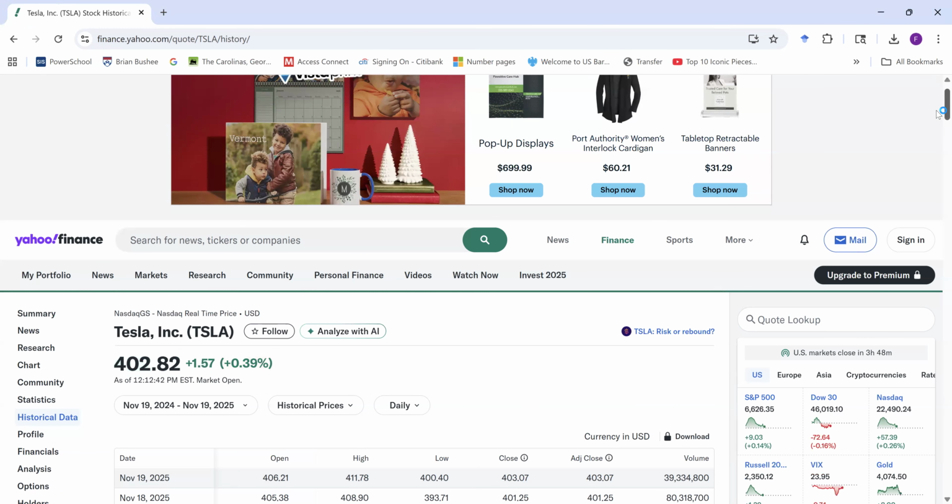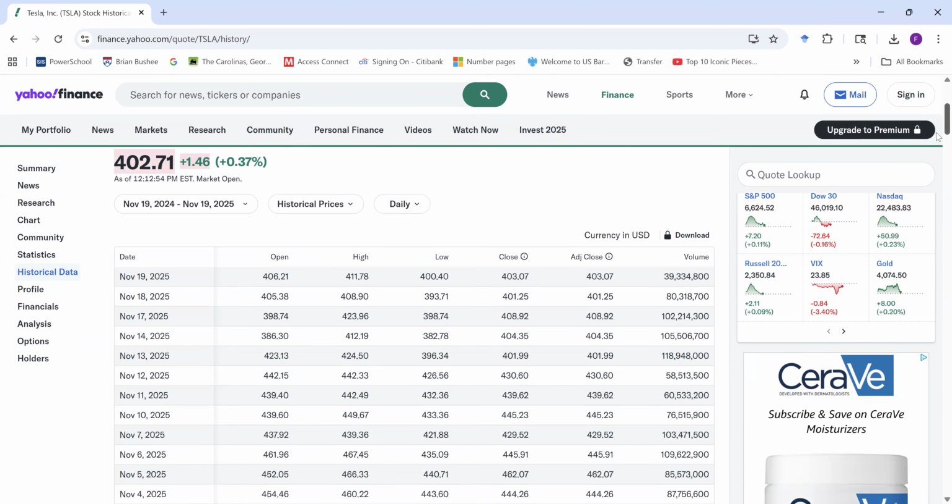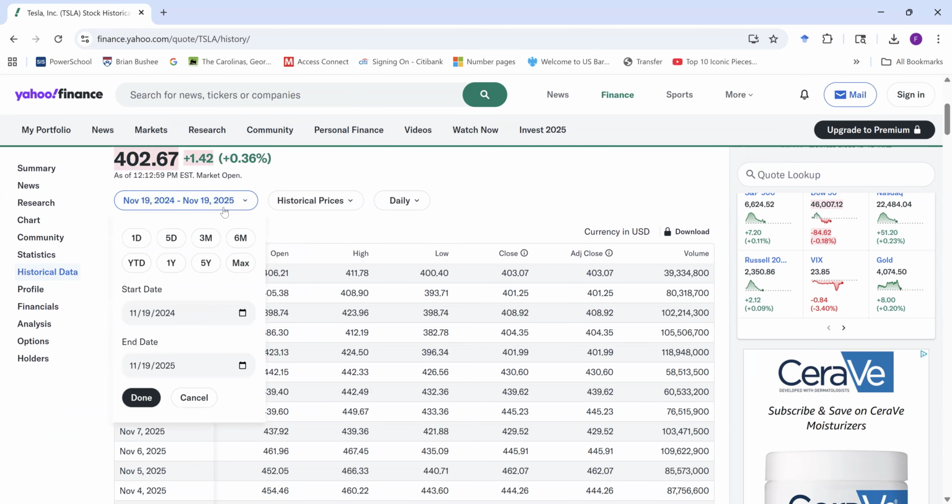So let's say for Tesla, you click on the left-hand side on historical data. Here you have the historical data for Tesla. I need the data over the past 5 years, so I'm gonna click on 5 years.